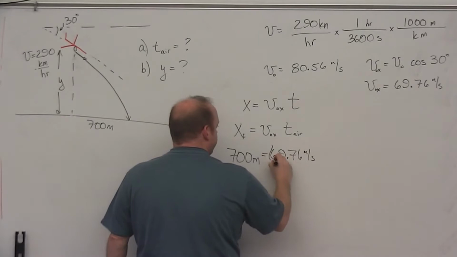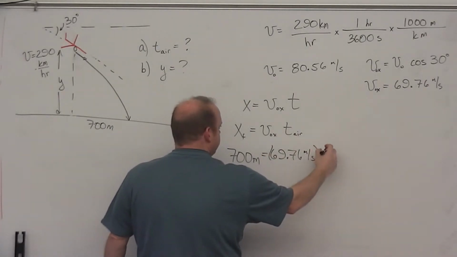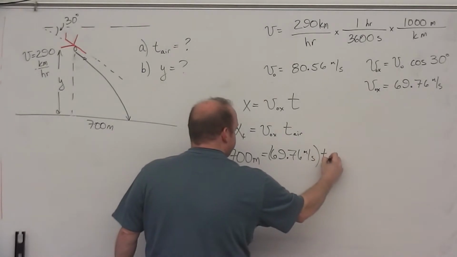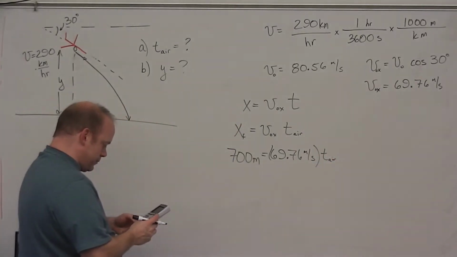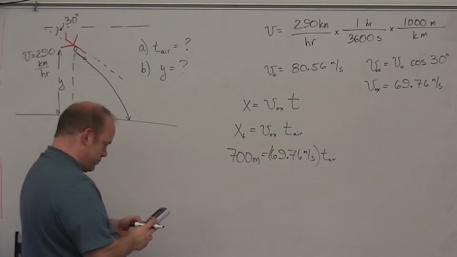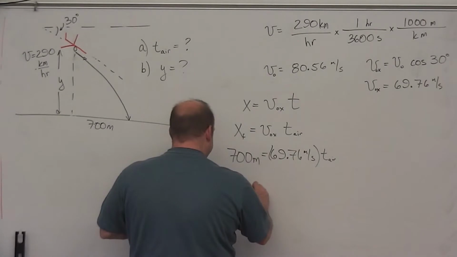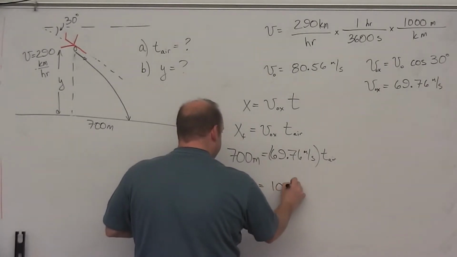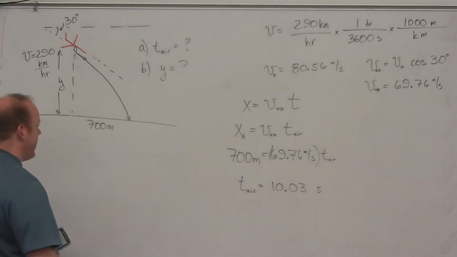Keep all the digits in there, by the way, in your calculator, so you'd have 10 digits or whatever, times t air. Divide both sides by 69.76, and I get an answer of t air equal to 10.03 seconds. Okay, so that's the time in the air.